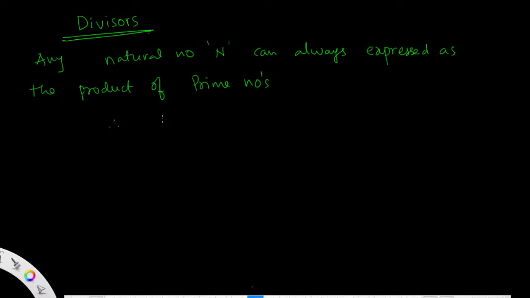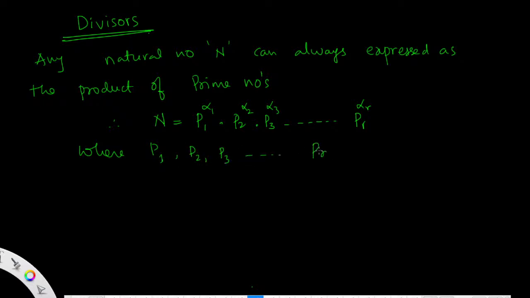So that means if n is a natural number, then we can write p1 to the power of alpha 1, p2 to the power of alpha 2, p3 to the power of alpha 3, and so on up to pr to the power of alpha r. Where p1, p2, p3, and so on up to pr are prime numbers, and alpha 1, alpha 2, alpha 3 say how many times each is repeated.